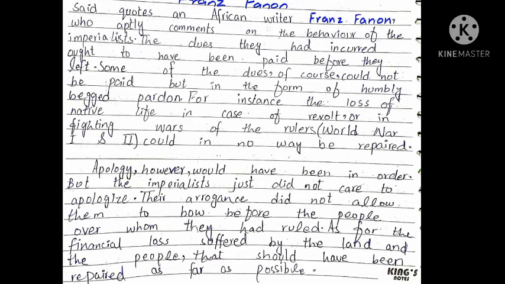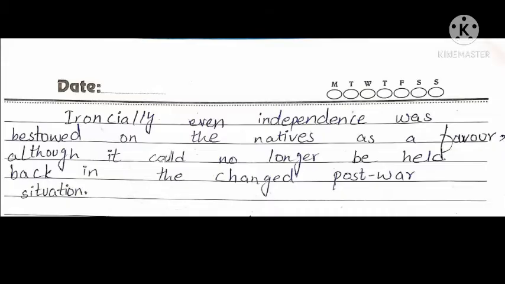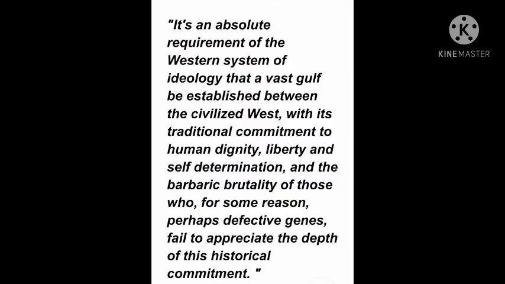Their arrogance did not allow them to bow before the people over whom they had ruled. As for the financial loss suffered by the land and the people, that should have been repaired as far as possible. Ironically, even independence was bestowed on the natives as a favor, although it could no longer be held back in the changed post war situation.